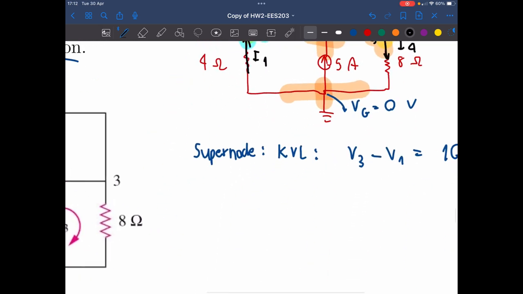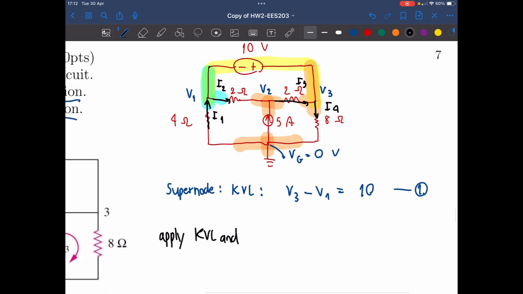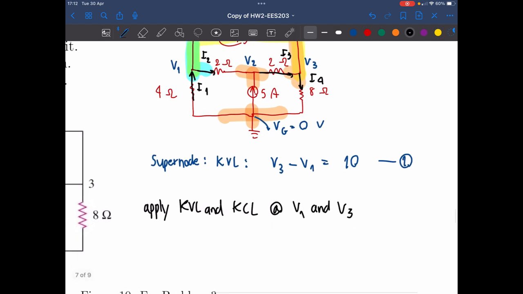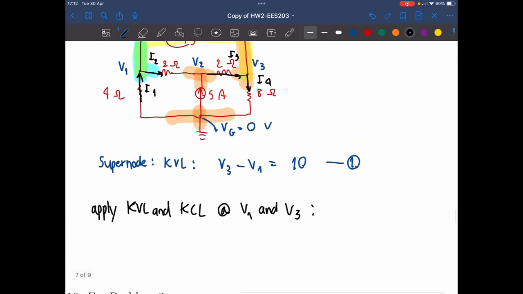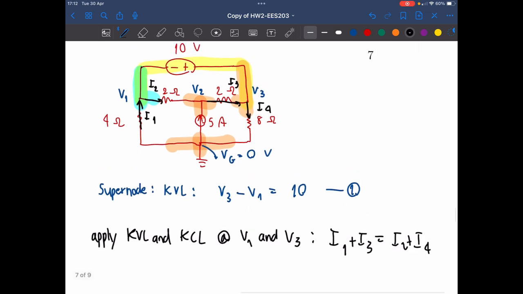So let's apply KCL, Kirchhoff's current law, at V1 and V3. So what do we get here? We get the total sum: the current that flows in, I1 plus I3, and the current that flows out is I2 plus I4.